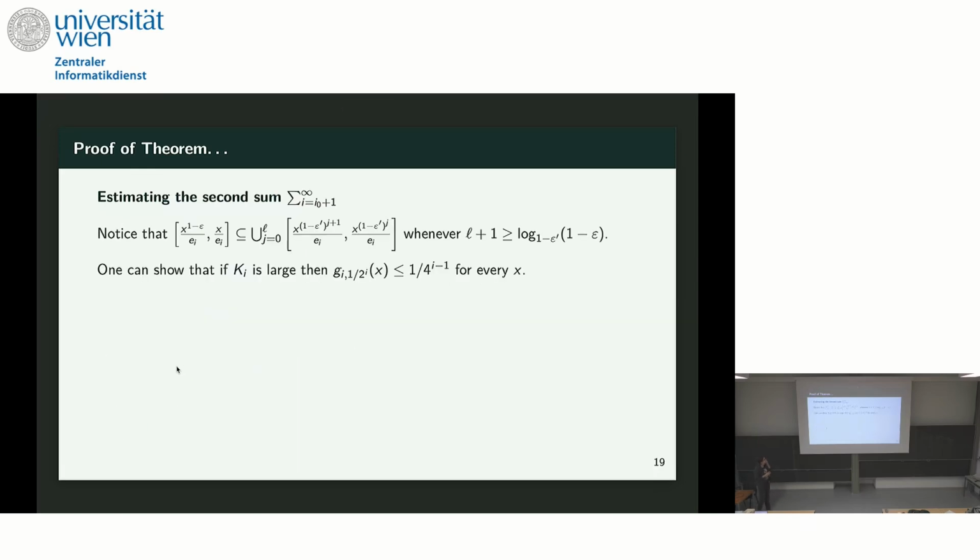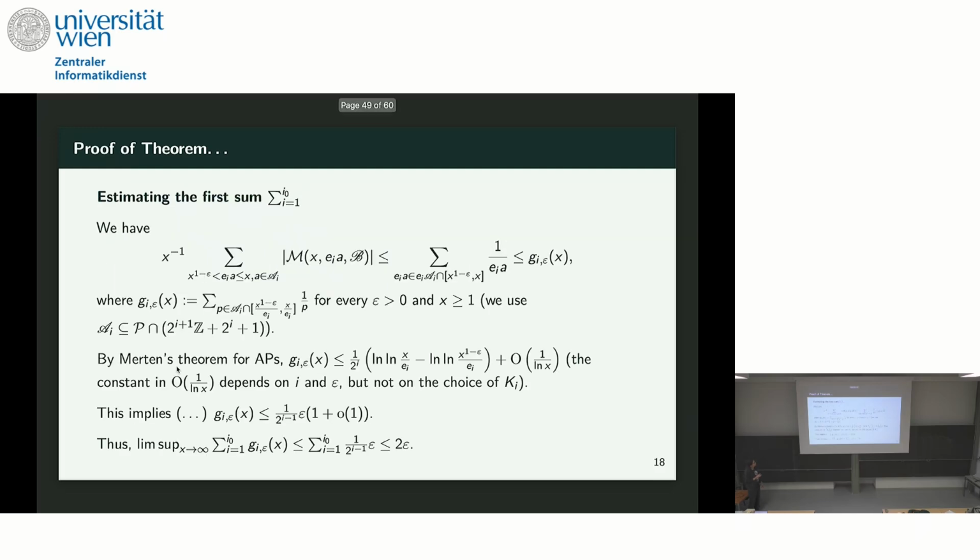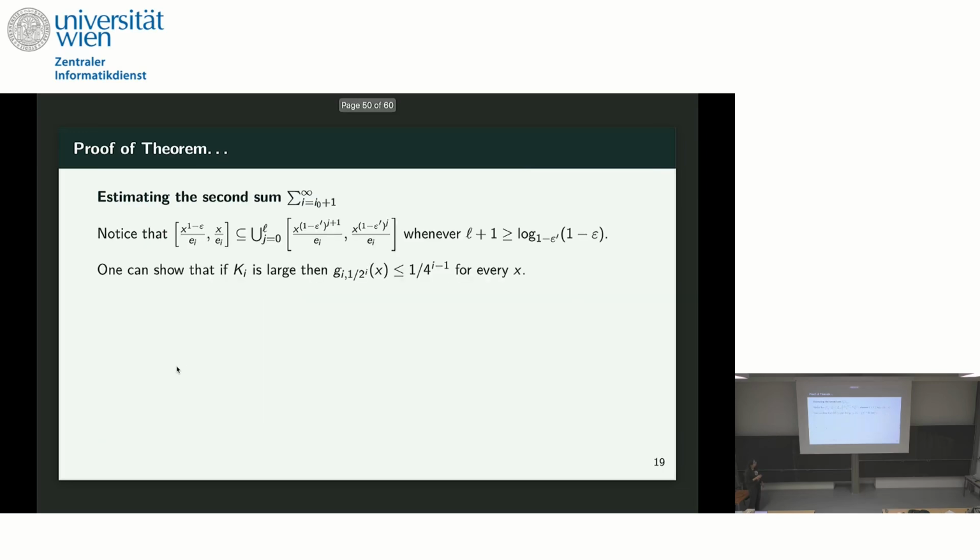Okay, so what about the second sum? Here the trick is, instead of looking at this interval, to look at such a union of crazy intervals. There we have this inclusion whenever L is large enough, and by large enough, I mean this. And now one can show that if Ki's are large, then this function g that also appeared before in here will be smaller than 1/4 to I minus 1 for every x. So we plug this in.